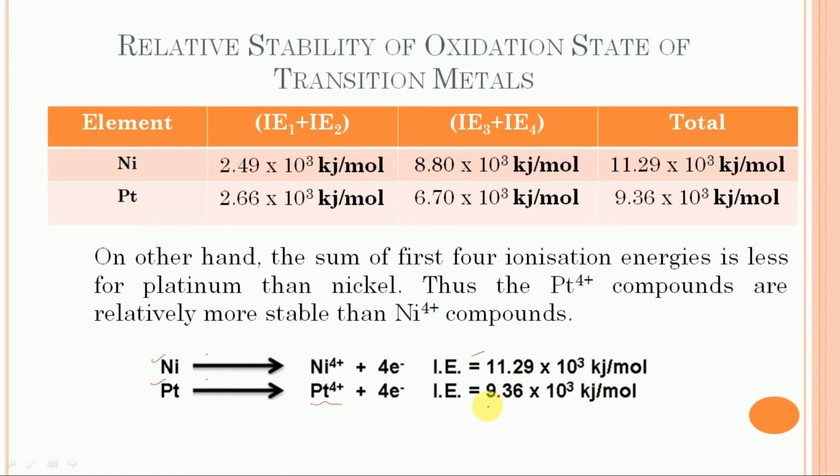So thermodynamically the formation of platinum 4+ is favored, or we can say platinum 4+ compounds are more stable than nickel 4+ compounds.